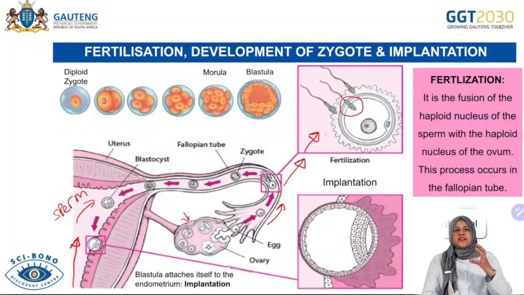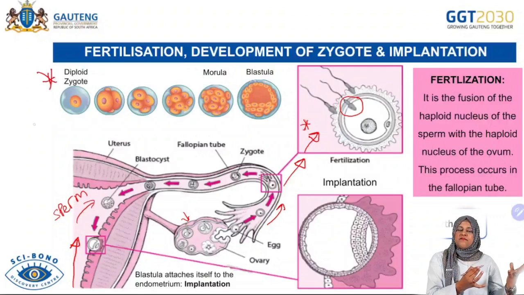Now, the first structure that forms after this process is called a zygote. Now remember, the sperm is haploid and the ovum is haploid. So the structure that forms is a diploid zygote, 2N. Remember, it now has a complement of paternal chromosomes from the father and maternal chromosomes from the mother.